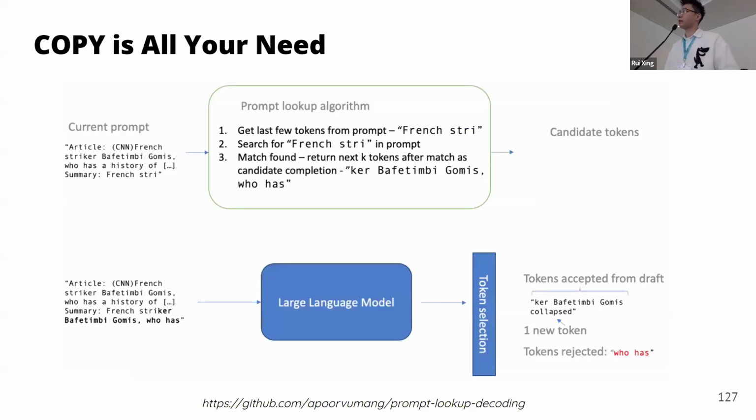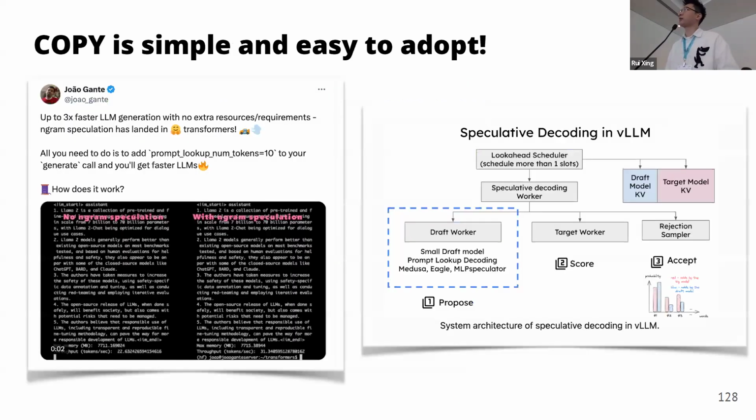This kind of method, the copy-based method, has been implemented in a very famous open source GitHub repository, PLD, the method that we just mentioned. It receives a lot of research interest and has been used in a lot of inference frameworks like vLLM and Hugging Face Transformers.